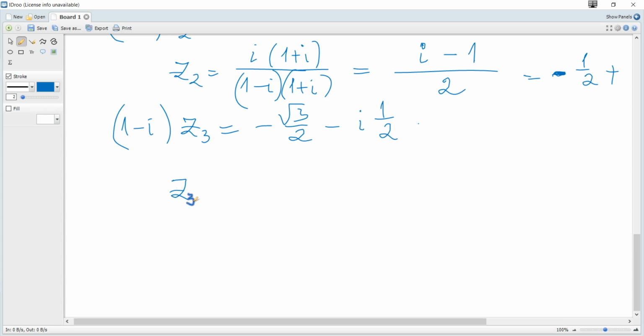And that third one, let's multiply every term by minus to get root 3 plus 1 plus i over 2 and i minus 1.